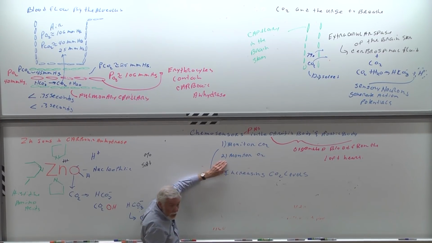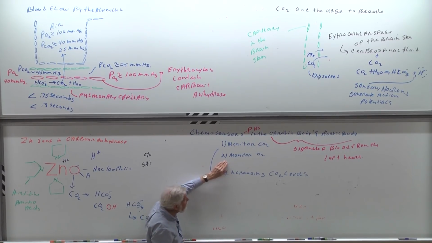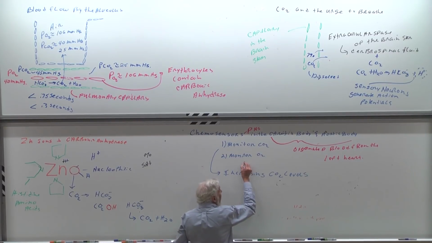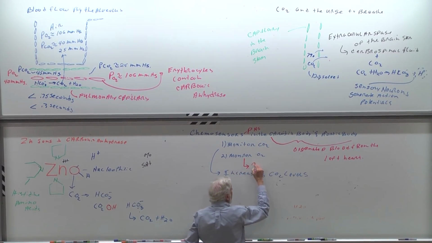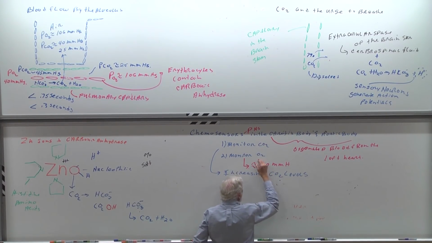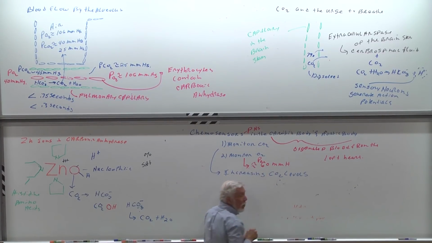But the O2 sensors are a little different. The O2 sensors are monitoring oxygen. But their electrical activity, the increase in action potential rates, don't go up very much until we get into the range of about 60 millimeters of mercury, PO2 levels of 60 millimeters of mercury.